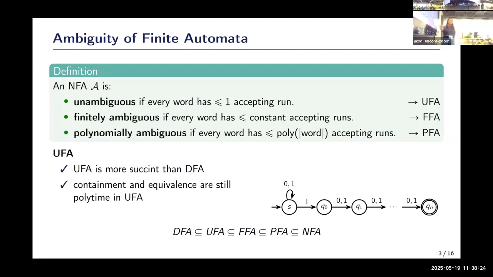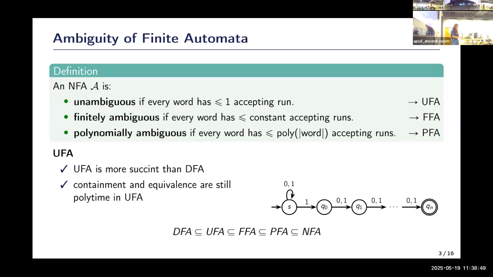And I have this natural hierarchy: if I'm deterministic, I'm in particular unambiguous, which in particular means finitely ambiguous, etc. For every pair of these classes, we can find a language that shows exponential succinctness, so it does matter to look at those classes differently.